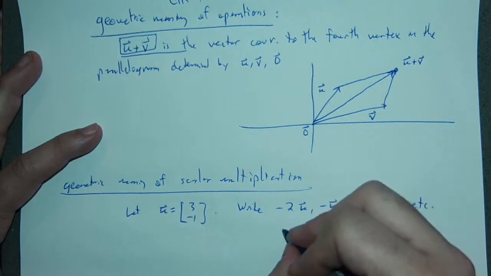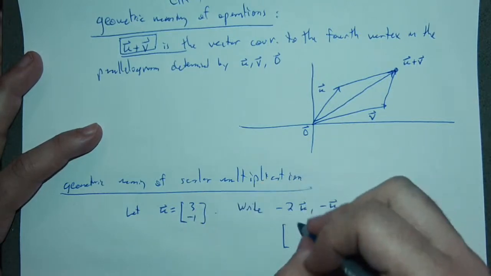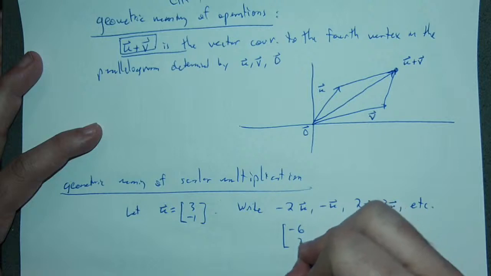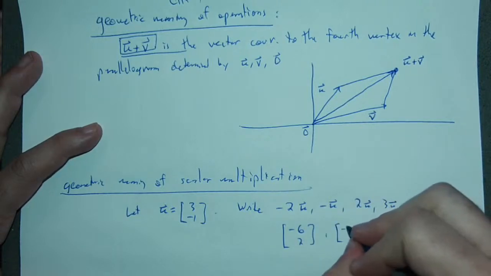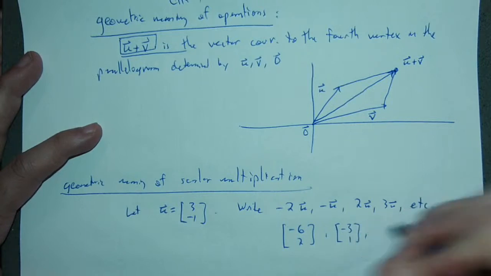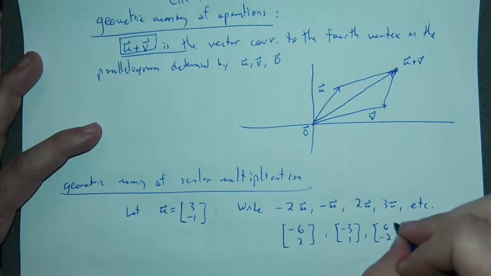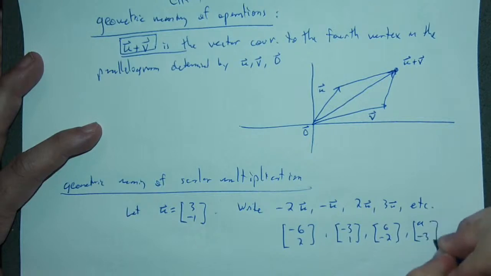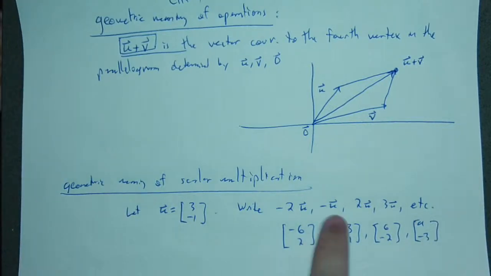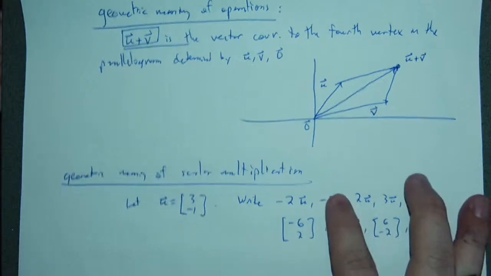So minus 2u is minus 6, 2, and minus u is minus 3, 1, and 2u is 6 minus 2, and 3u is 9 minus 3, and so on. Right? So this is what I get.